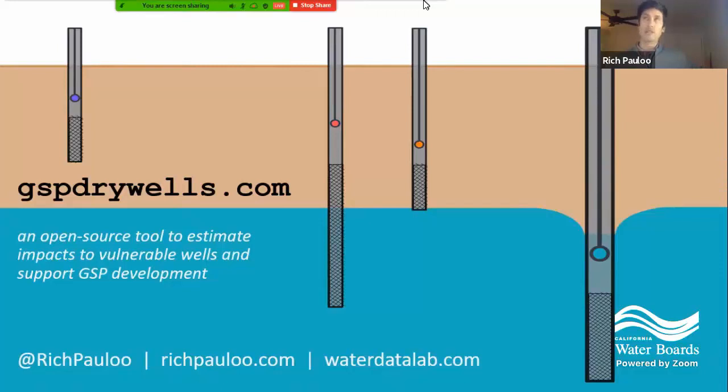And under gspdrywells.com, there's a methodology subpage in the header. If you click on that and scroll to the bottom, there's a list of citations, and the context of those citations is given in the body. And I see Anna just shared that, so thank you for sharing that. So see the citations at the bottom there, and hopefully that will be a better repository of all of the things that I have cited in this presentation. Great, thank you. That's all the questions we have.